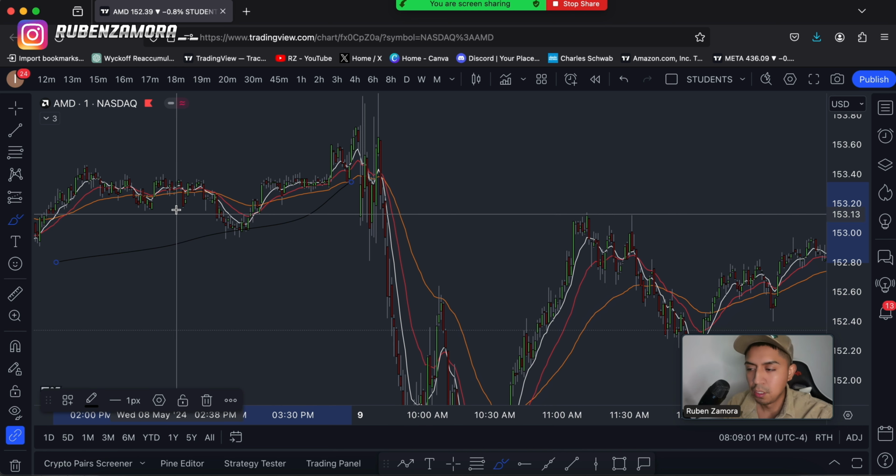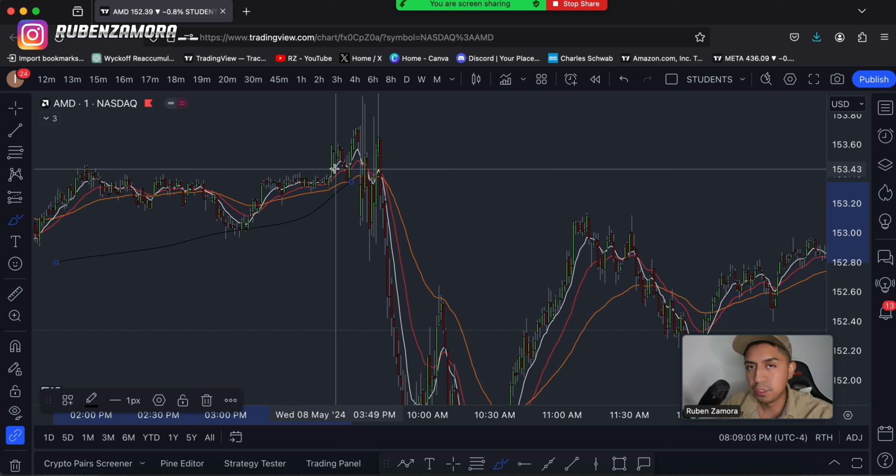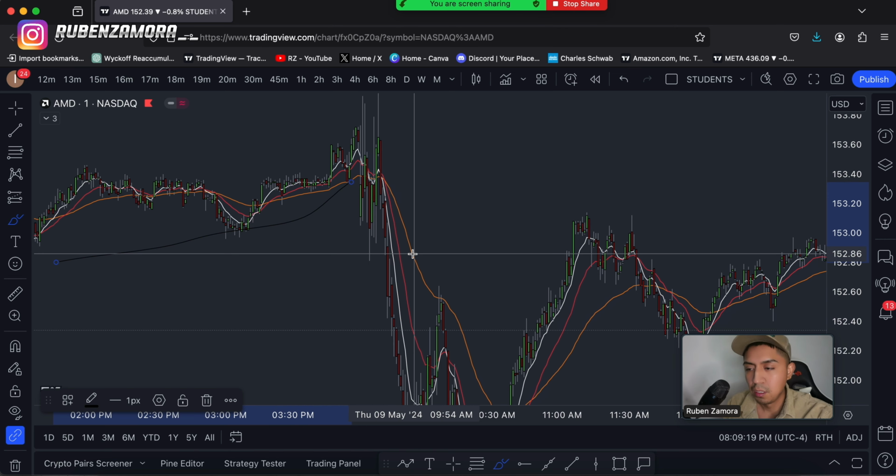In this case, for price to continue going bullish, price has to be above those EMAs. Think of those EMAs like a support or resistance that price has to hold for it to continue going up. But if that support, aka the EMAs, fails, that is where price can start falling right back down.